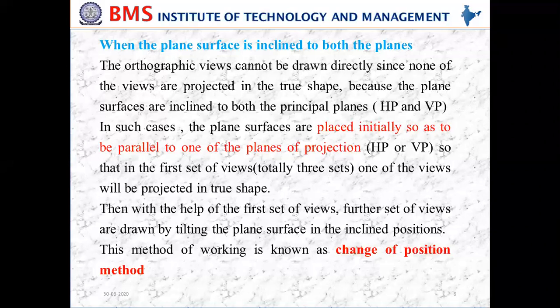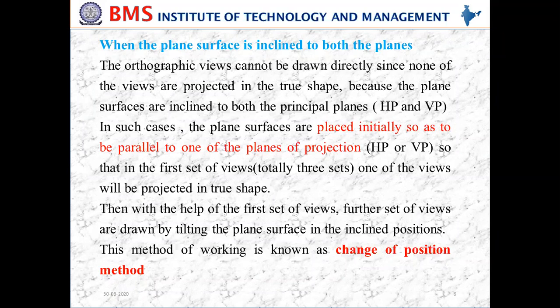In such cases, the plane surfaces are placed initially so as to be parallel to one of the planes of projection. Very important point which I have marked in red.